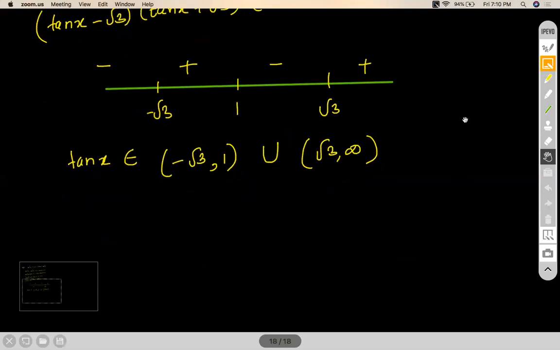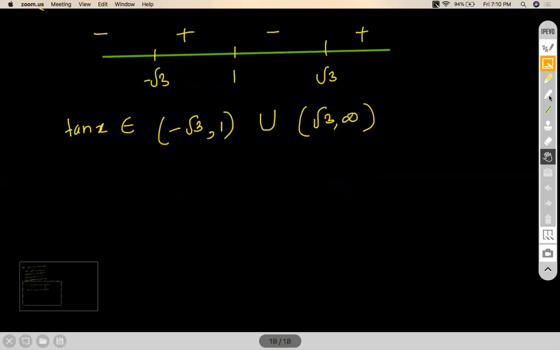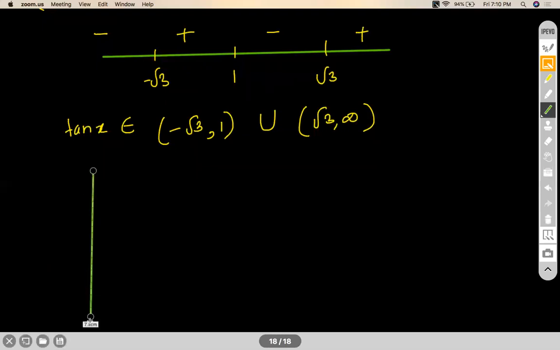Now refer to any standard graph of tan x. Let's say this is the graph of tan x, one of the branches I'm drawing. Not a very great one, but I'll redraw it again with white.